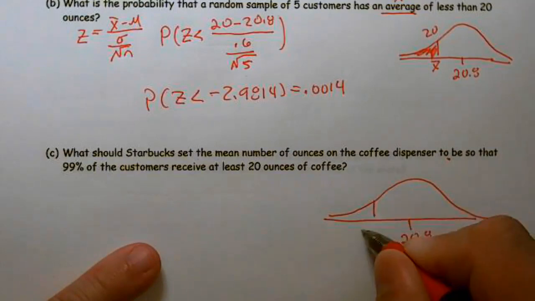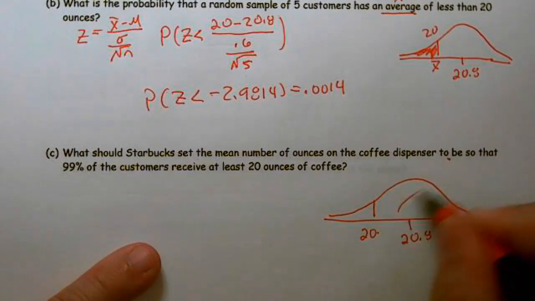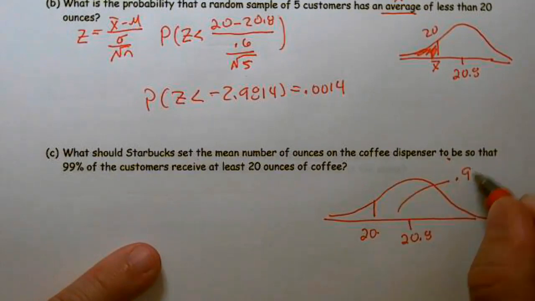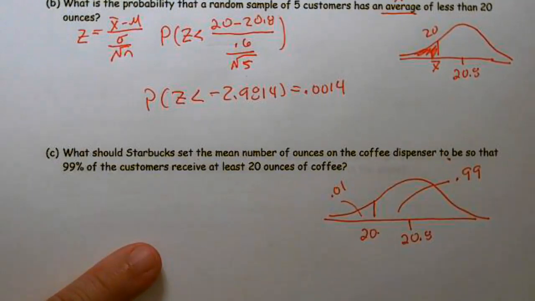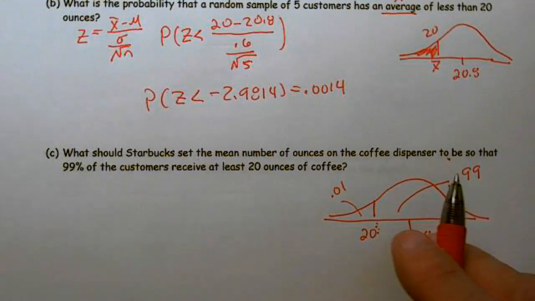We want 20 ounces, and we need this area to be 0.99. So what we're really interested in is having 1% getting less than 20 ounces, because 99% need to get at least 20 ounces. So they need to get more than 20 ounces.